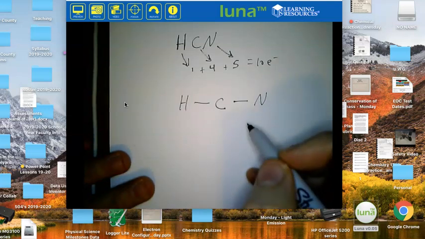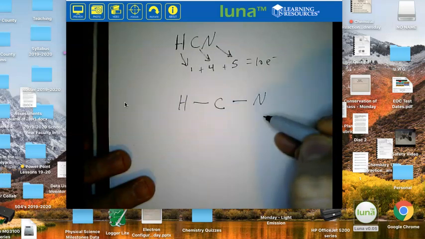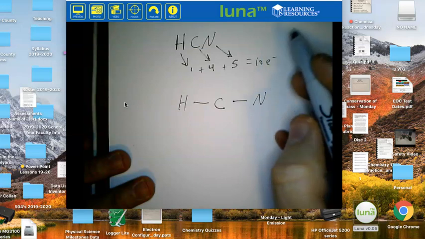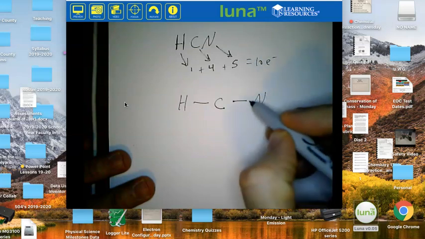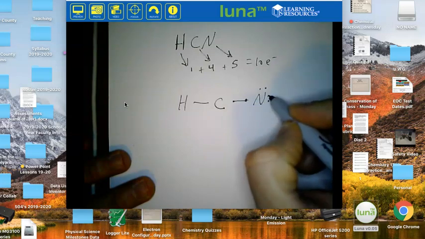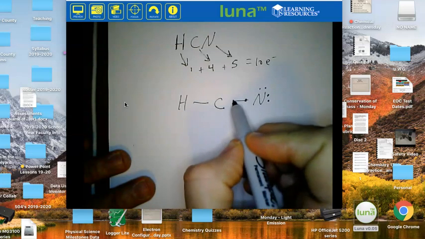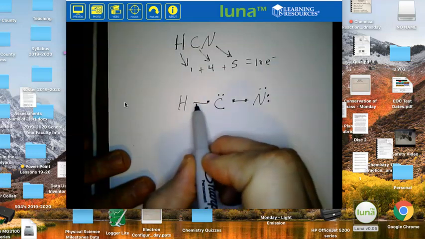Obviously, we're going to have to count. For each element, what I end up doing is counting. Nitrogen needs 5, so it has 1 here: 1, 2, 3, 4, 5. Carbon has 4: 1, 2, 3, 4. And then hydrogen has 1.